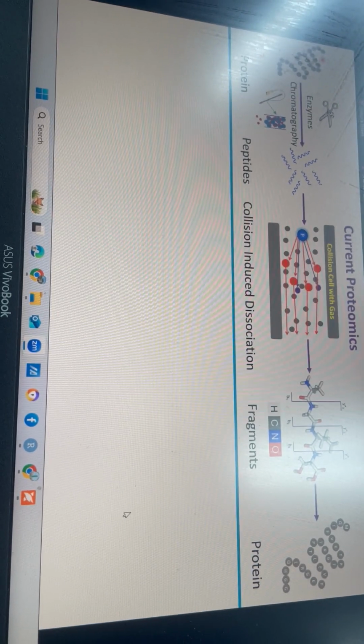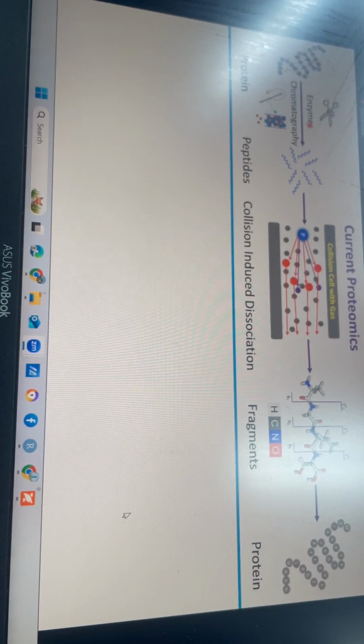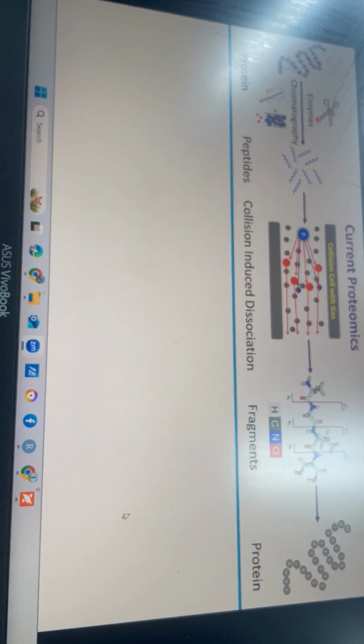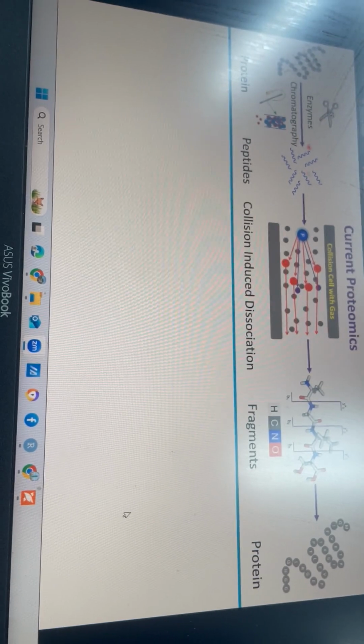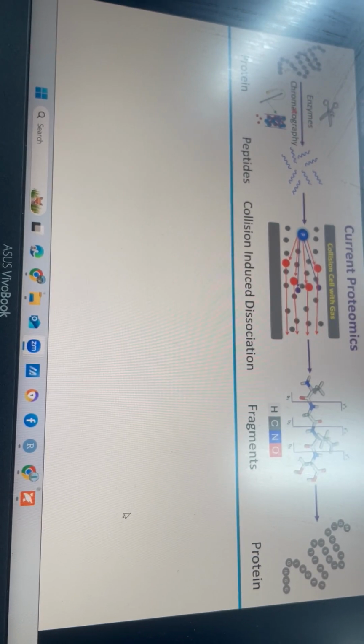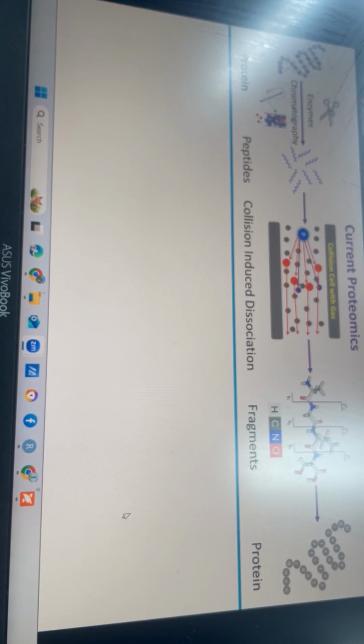So then you use some kind of enzyme. We usually use trypsin or lysine C enzyme. So we generate peptides, and as we generate a lot of peptides from protein, then we need to separate all those peptides using chromatography.